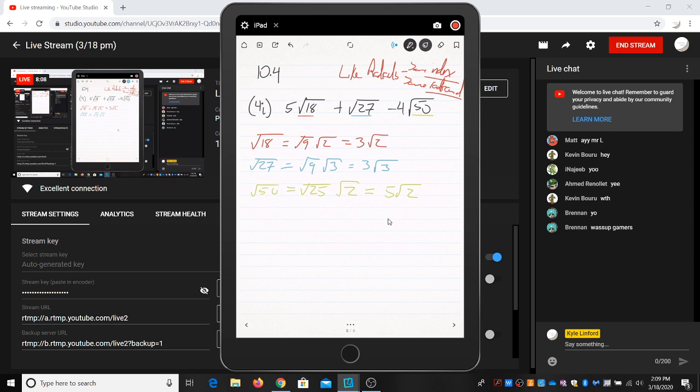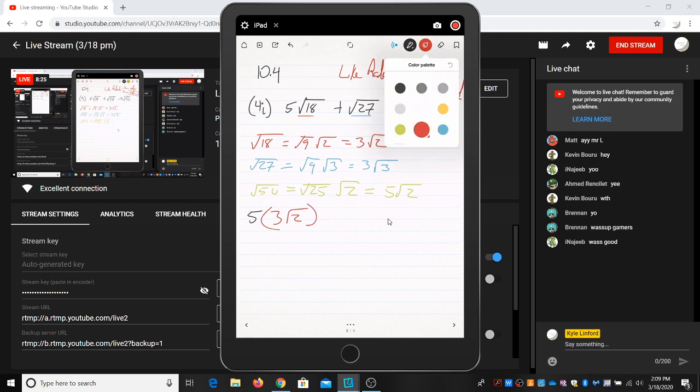I like having all this work to the side as opposed to just trying to cram it all together in one string of text, just because your work's going to get kind of messy. So we have 5 times 3 root 2. And then we're going to add on, that was in blue, 3 root 3.